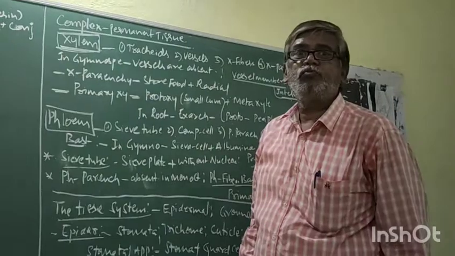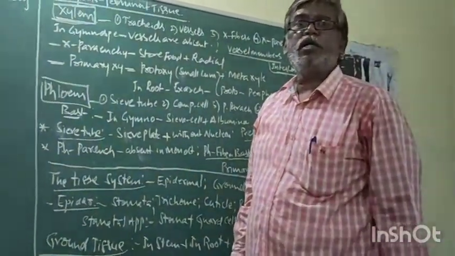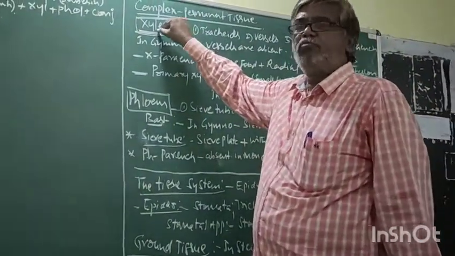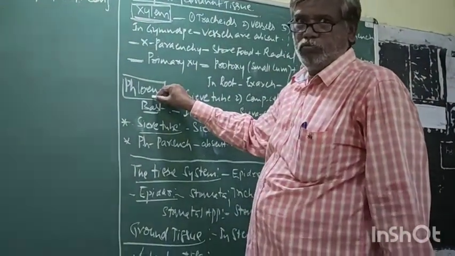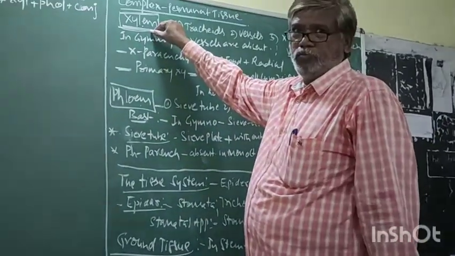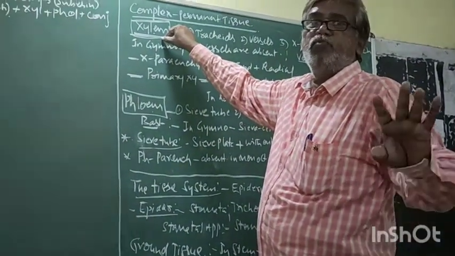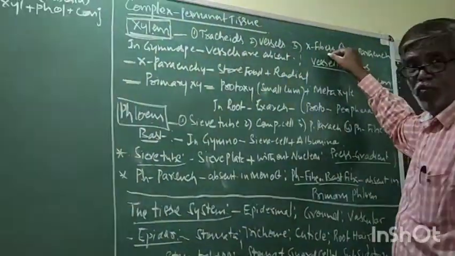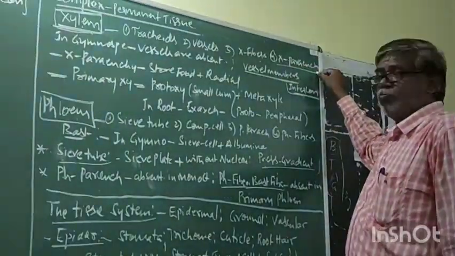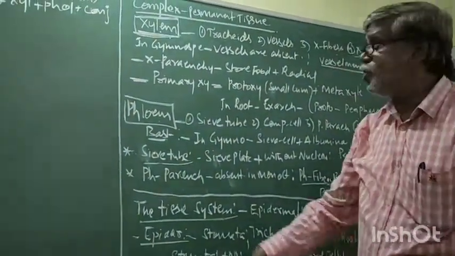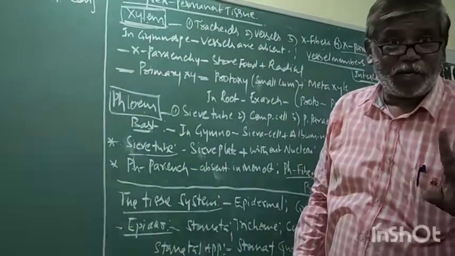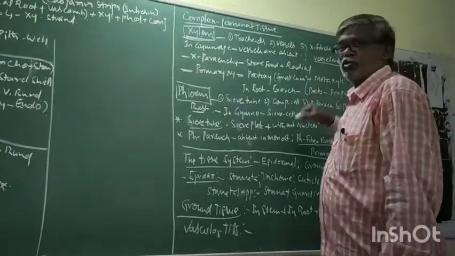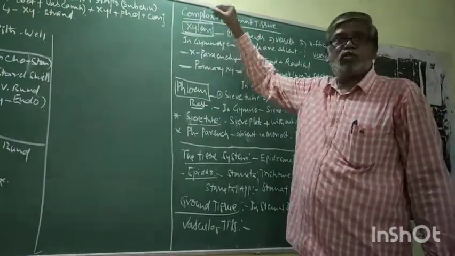Now come to the complex permanent tissue. Based on function, it is again of two types: water conducting tissue and food conducting tissue. The water conducting tissue is xylem. The food conducting tissue is phloem. The xylem in flowering plants is made with four different types of cells: tracheids, vessels, xylem fibers and xylem parenchyma. These four together form xylem. In parenchyma there is only one type of cell, but here there are four types, hence it is complex.